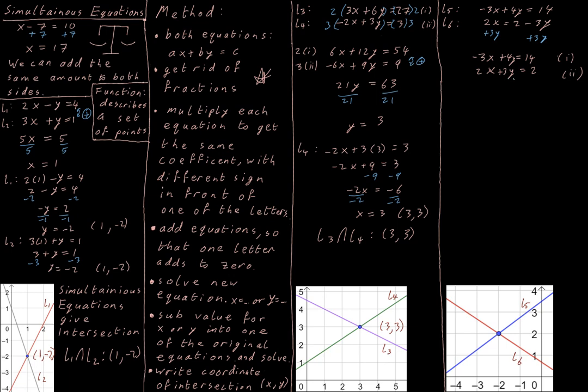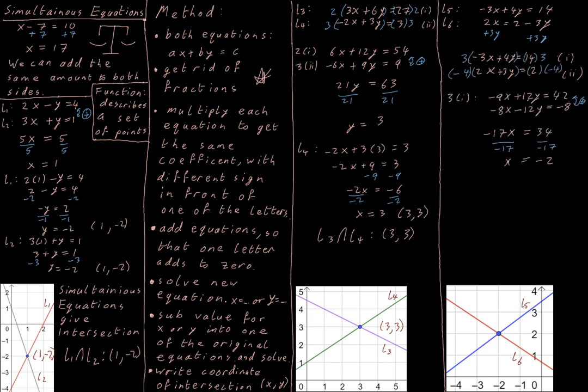So in this case, we can get rid of the y's. So I'm going to get plus 12y in front of my y here and minus 12y in front of my y here. I could get rid of the x's again, but I'm going to get rid of the y's here just to demonstrate we can do either.